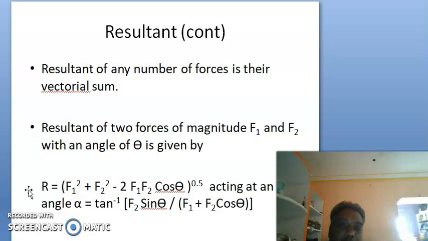So this is one special expression or formula applicable for two forces alone.